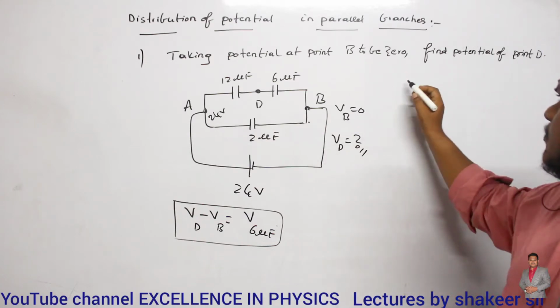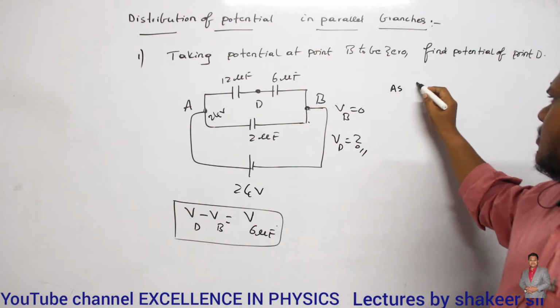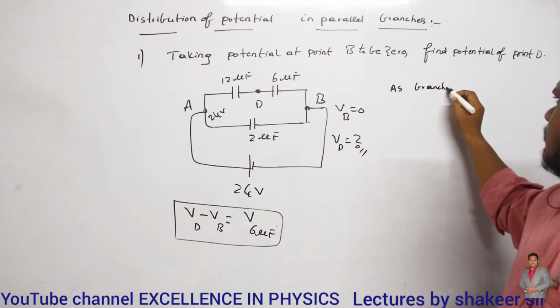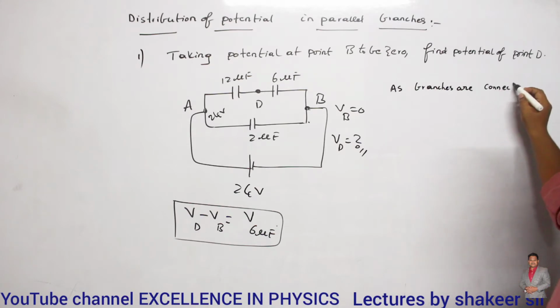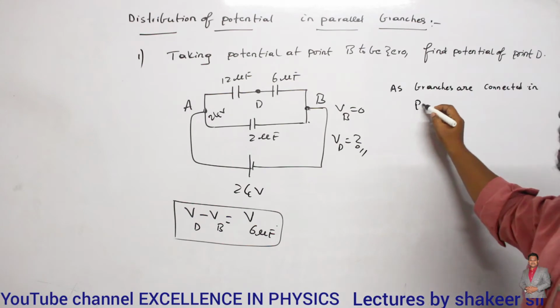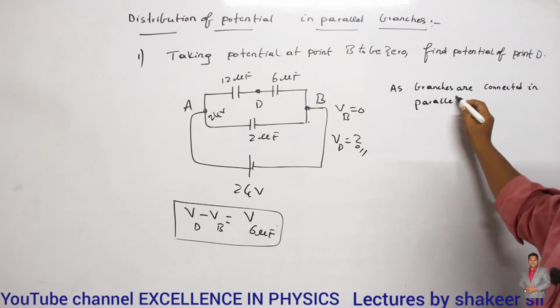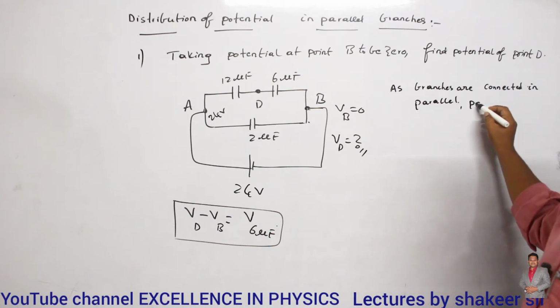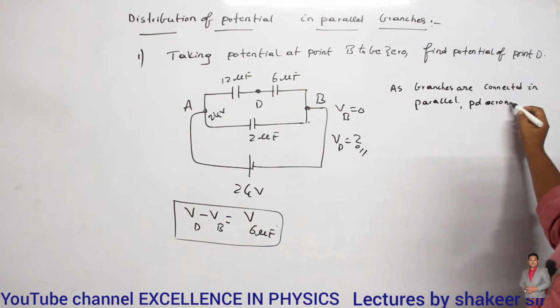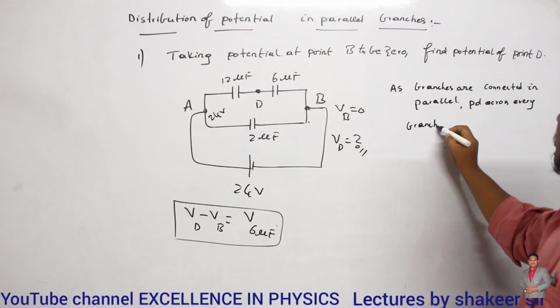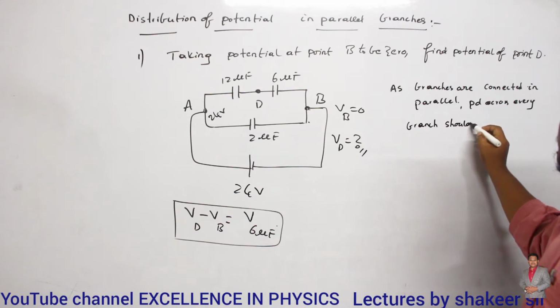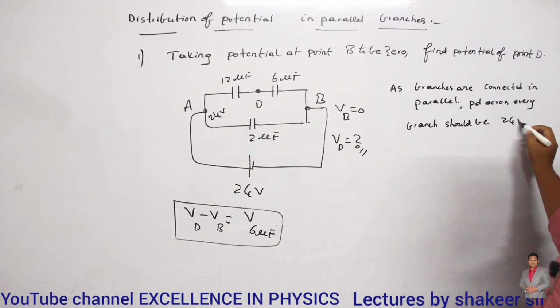So branches are connected in parallel. The potential difference across every branch must be 24 volts only.